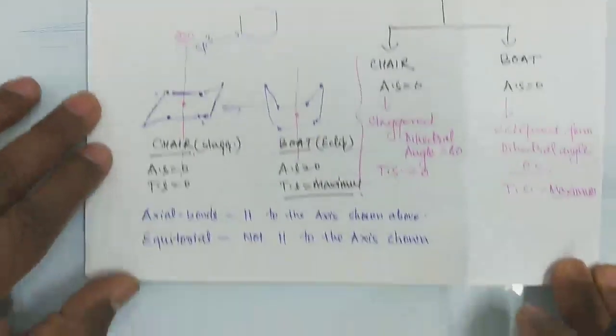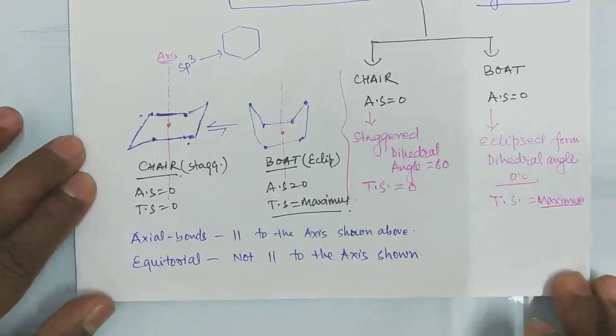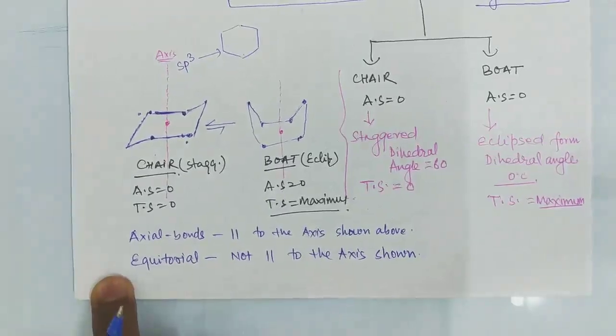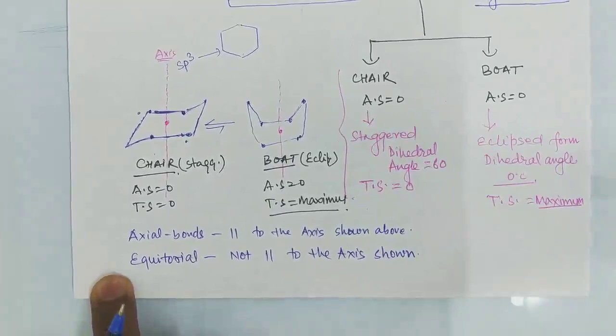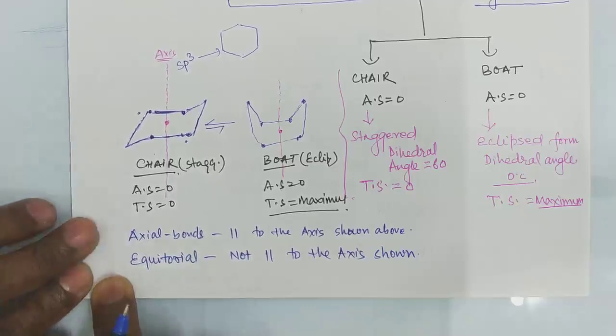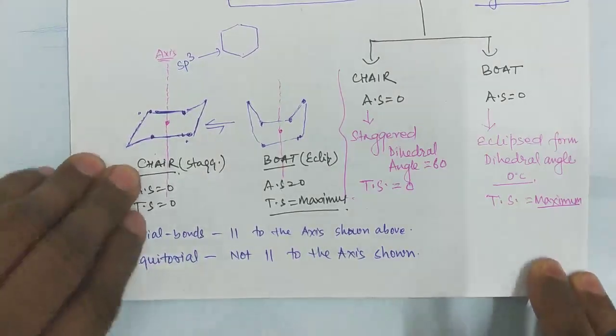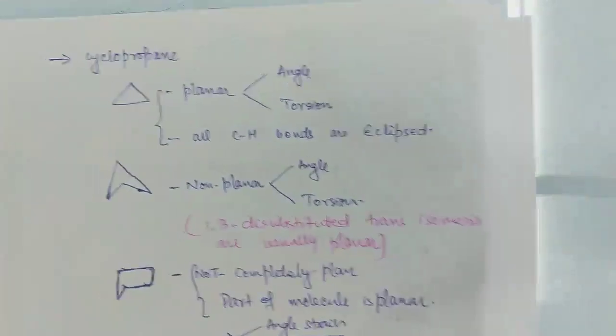So in cyclohexane, we have two kinds of bonds. One is axial and the other one is equatorial. Axial bonds are parallel to the axis, and equatorial bonds are not parallel to the axis, right?